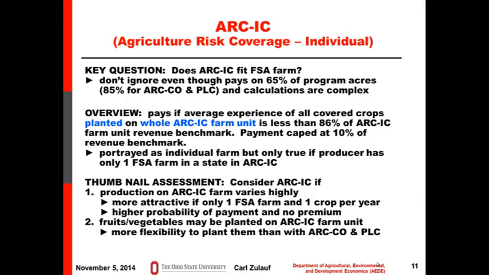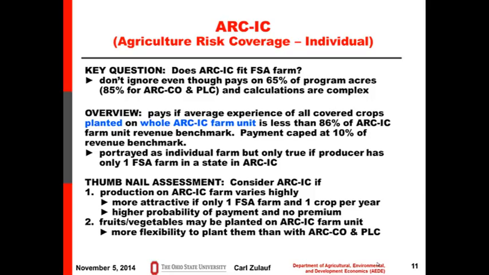So if you have an ARC-IC farm or an ARC-IC farm unit with multiple FSA farms, and you think you might plant fruits and vegetables sometime between 2015 and 2018, ARC-IC gives you greater flexibility to plant more acres to fruits and vegetables and not lose farm program payments.